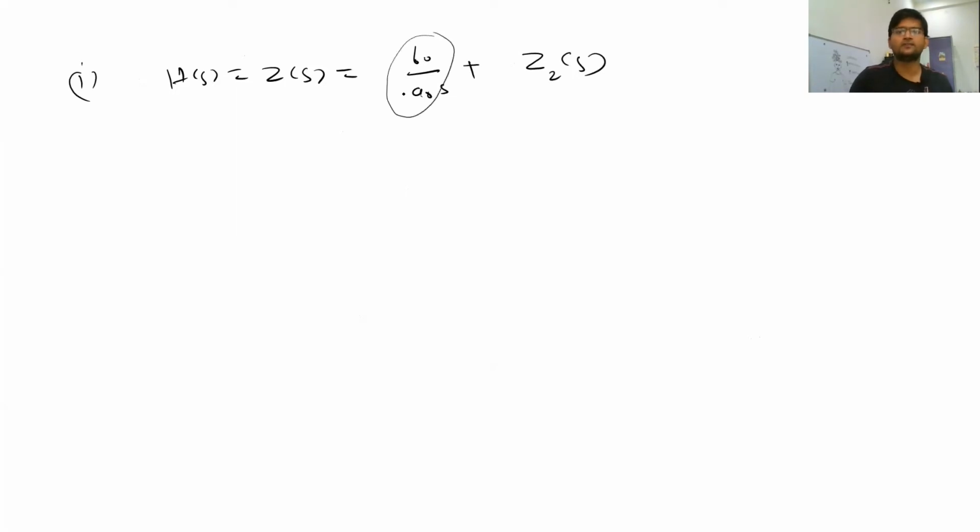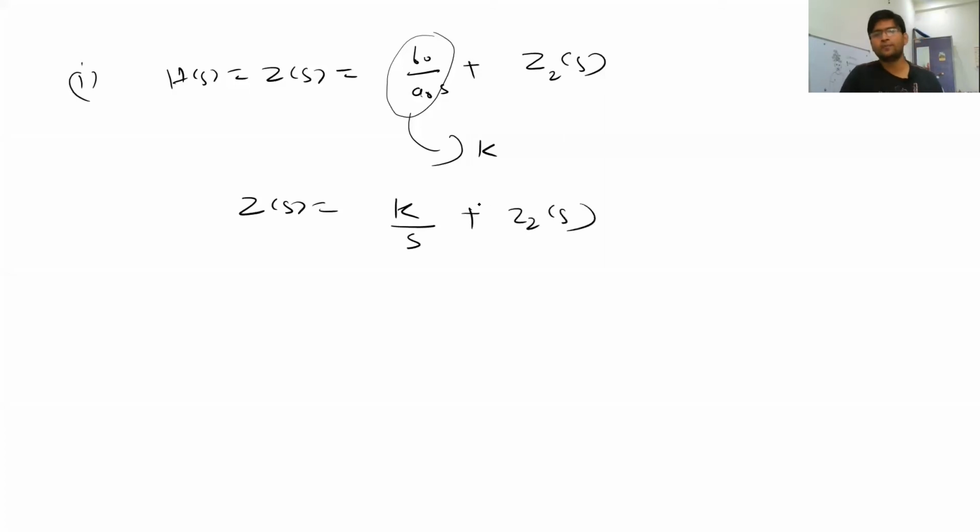Let me say this B naught upon A naught is some constant K. So we can write Z(S) is equal to K upon S plus Z2(S).